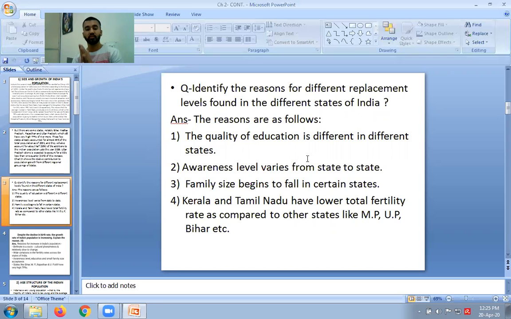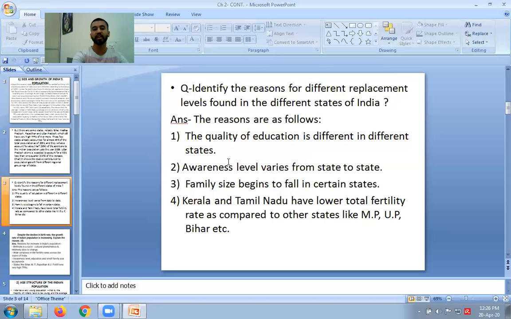So quality of education really matters, and we know that it is different in different states. The quality of education is not good in UP and Bihar, but it is good in Kerala, Tamil Nadu, and the southern states. So they have tried to keep the total fertility rate to a certain extent.